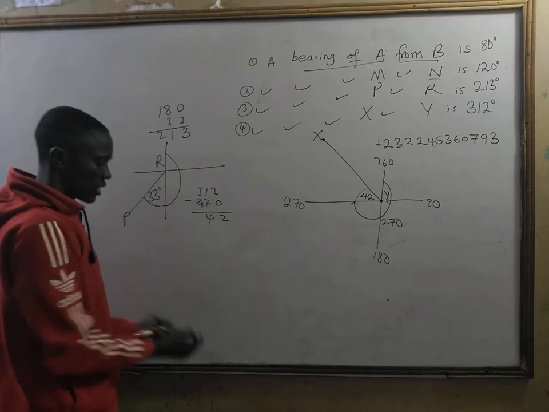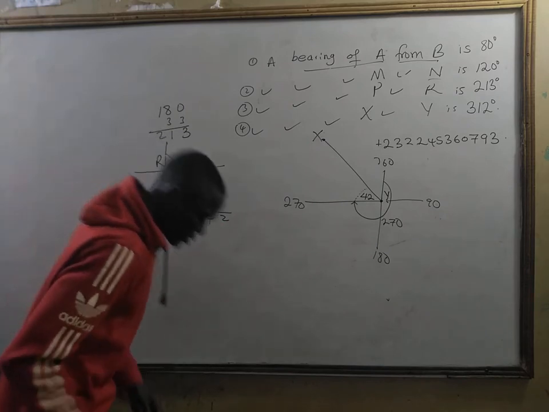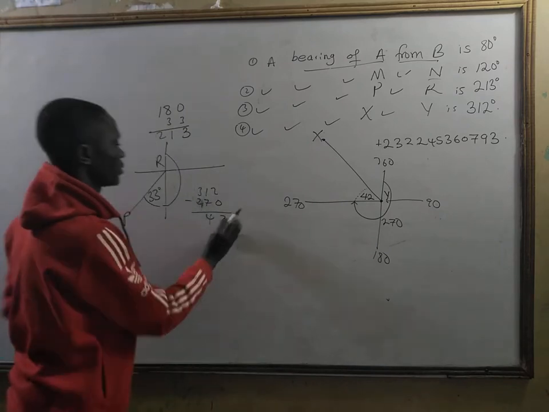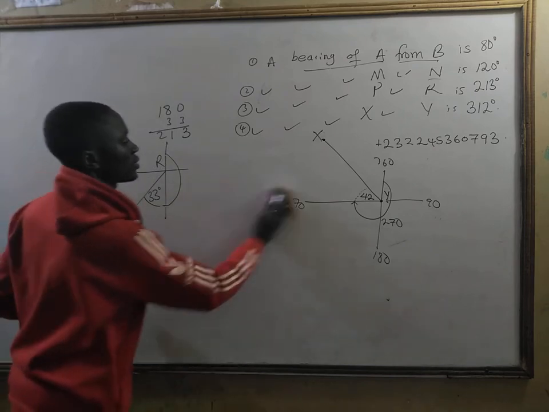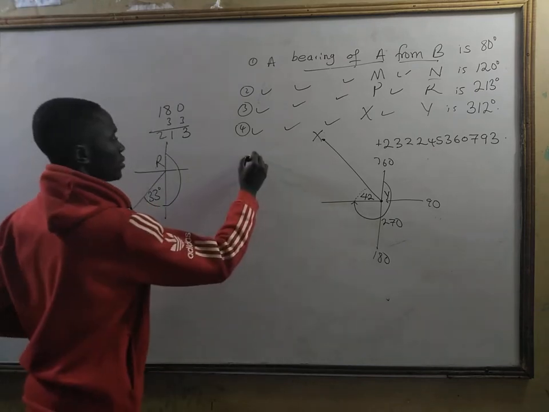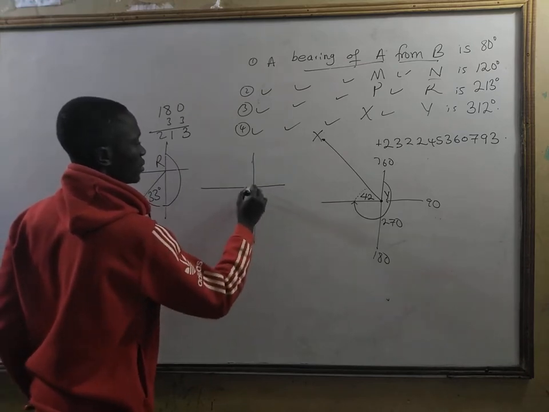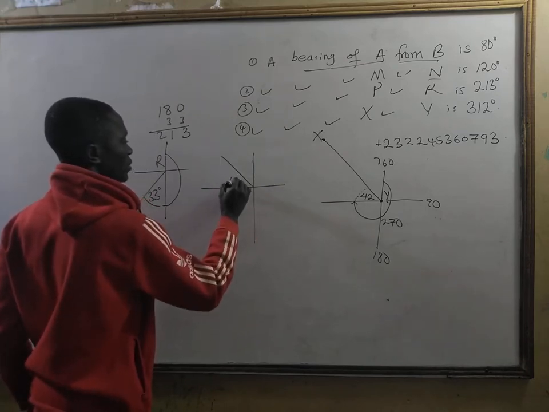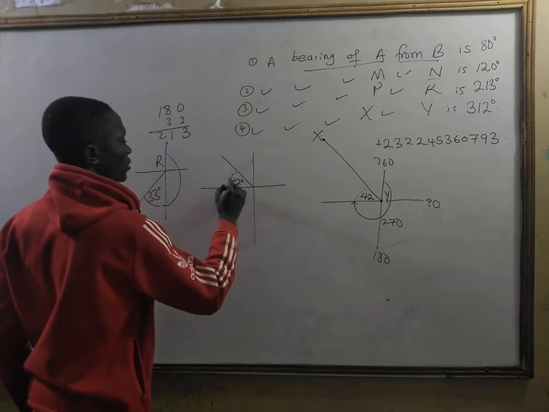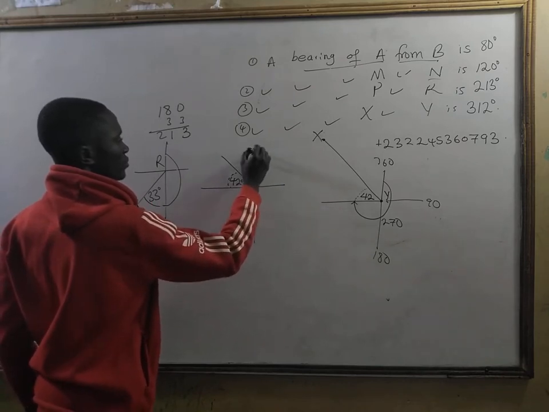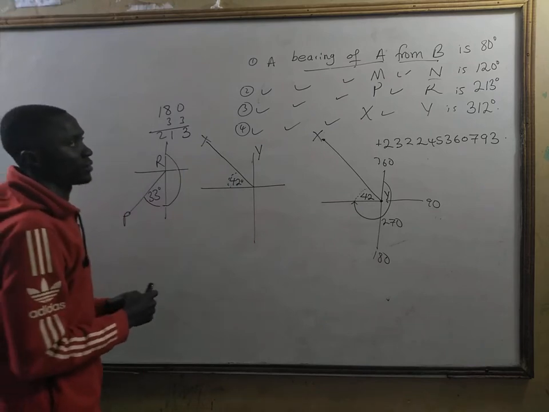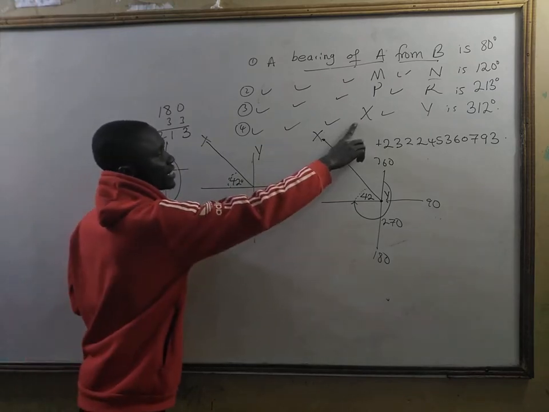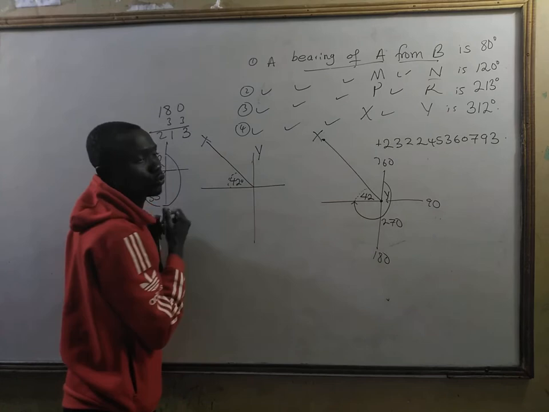So you can draw that one as, this shows that the bearing of X from Y is 312 degrees.